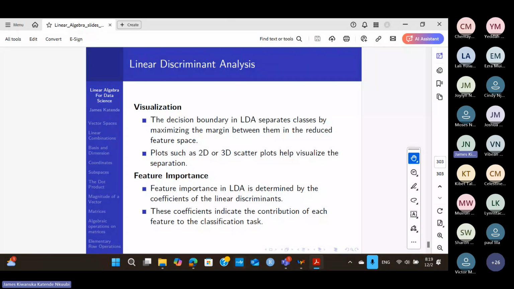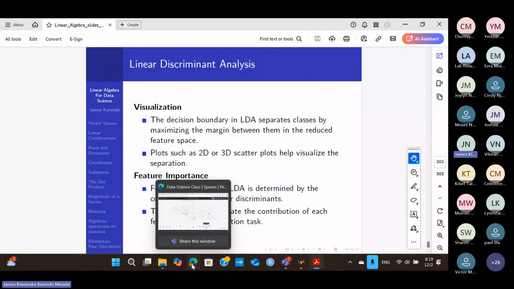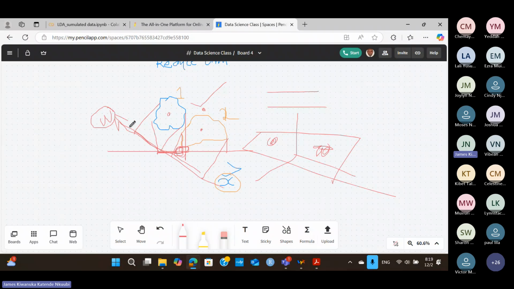The other thing, maybe I forgot, is that the decision boundary is also linear. In this case, the decision boundary will simply be the line that goes through here. Anything that falls on this side will belong to this class, and anything that falls on that side will be classified as belonging to the other class. It's not always the case that the separation is perfect.